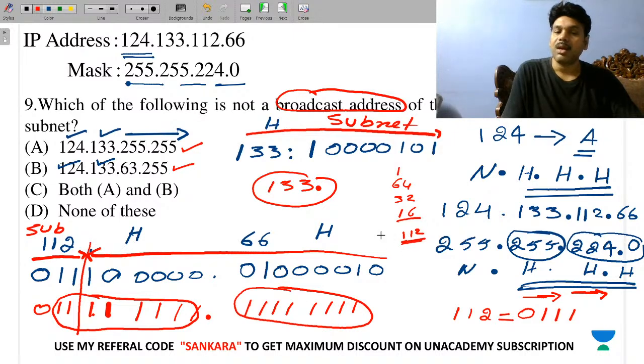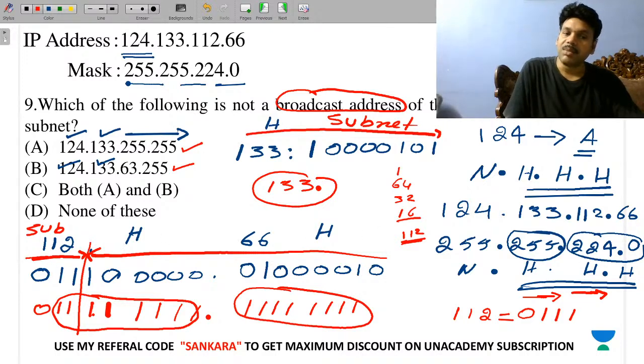Yes. And you see that the remaining completely is 0, 111, and this particular one is 224. 3 bits are subnetted in your subnet mask.